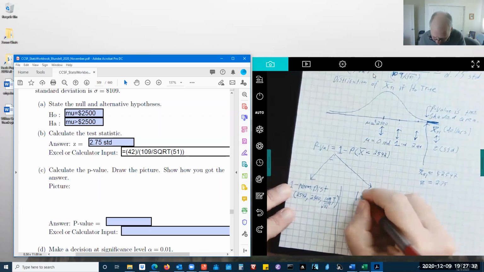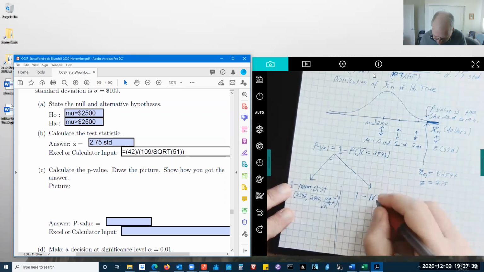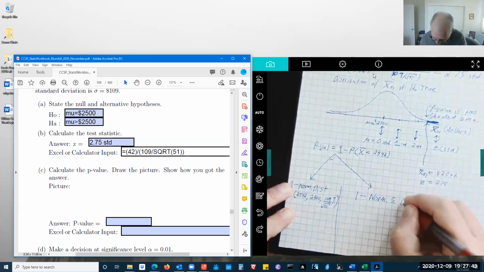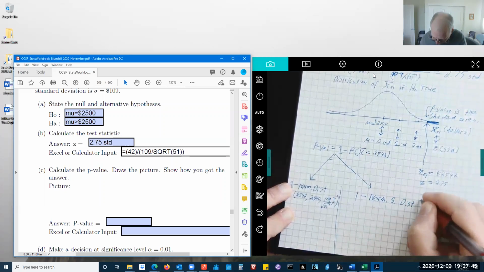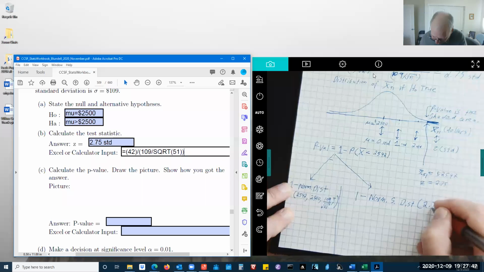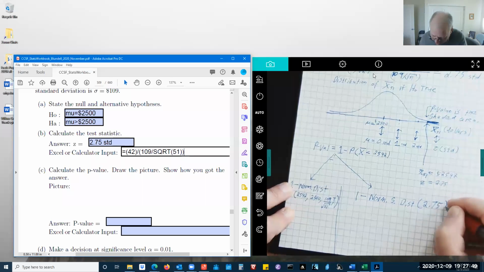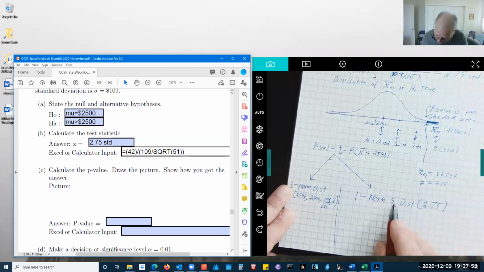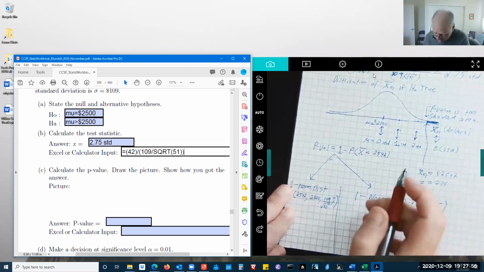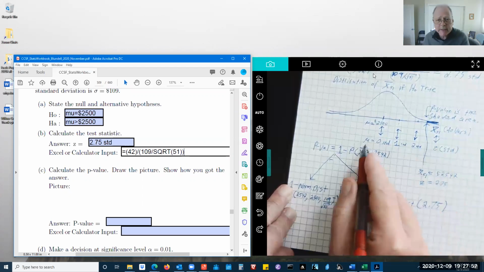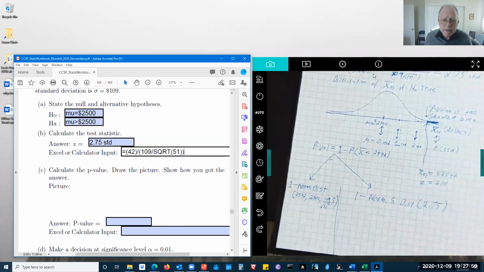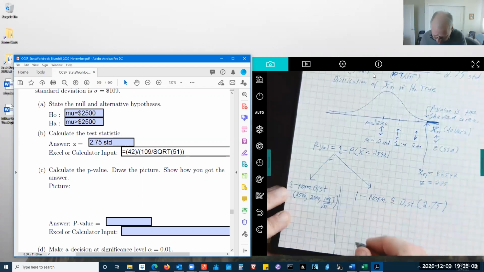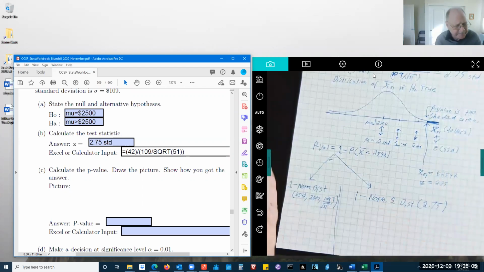Or I can do 1 minus the standard normal dist, 2.75 STDs. I don't have to type in the rest because when you use the standard normal, you already know the standard deviation is 1 and the mean is 0, so you don't have to type that in. But either way, we'll get the same number.